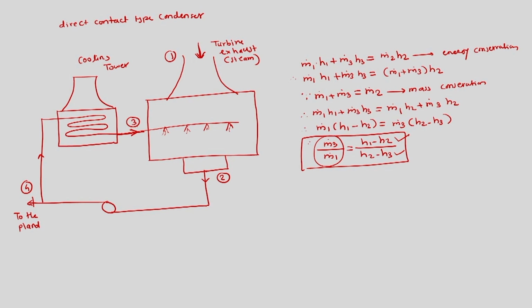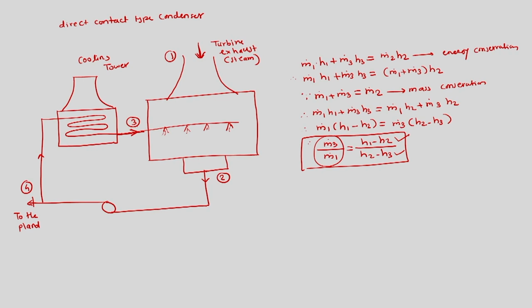Now this is the direct contact type condenser. Next, in a similar way, we can have one more condenser, again direct contact type, which is called the barometric condenser.